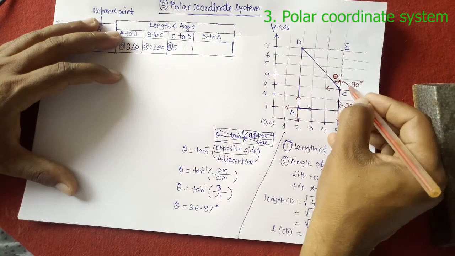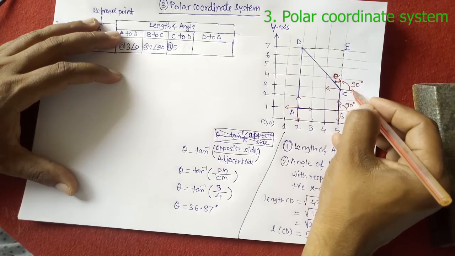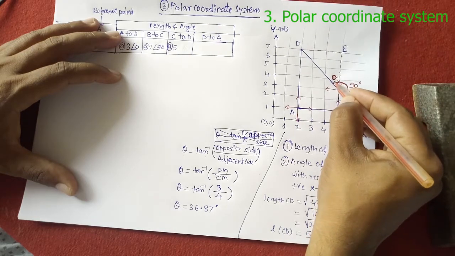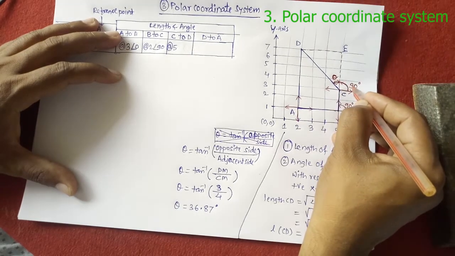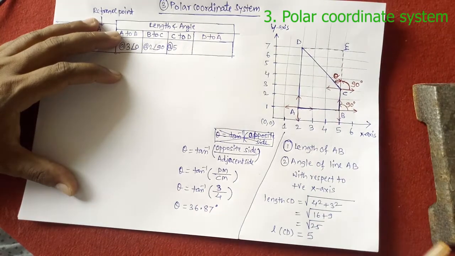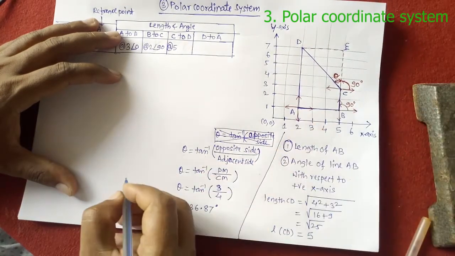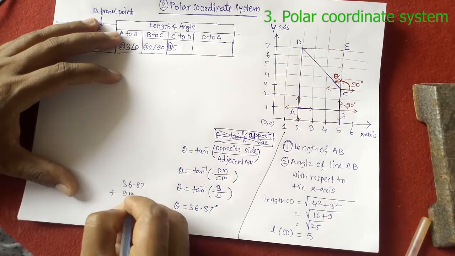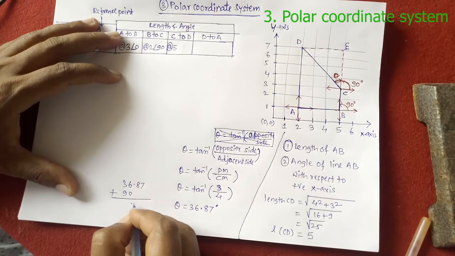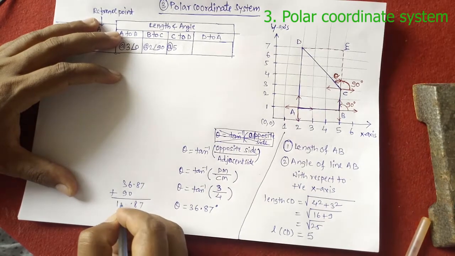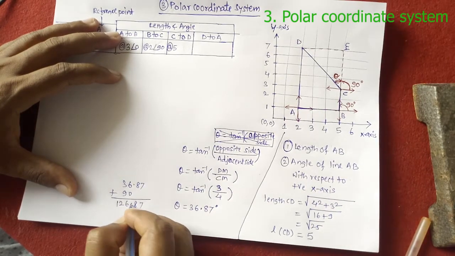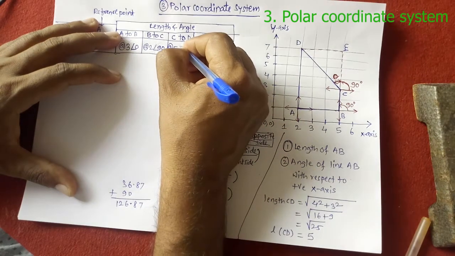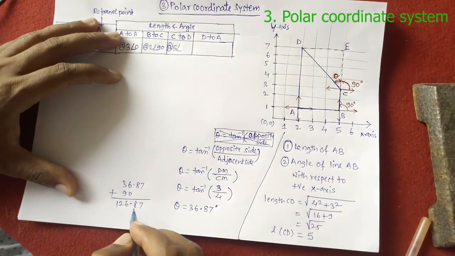So the total angle of this line with respect to the positive side of the x-axis is theta plus 90. Theta is 36.87 and this is 90, so 36.87 plus 90 is equal to 126.87. So write down this angle here, 126.87.